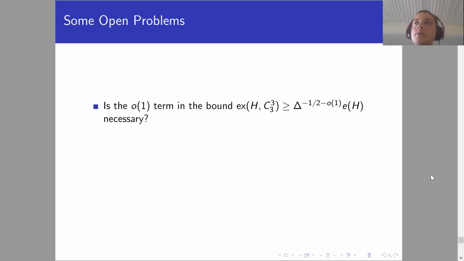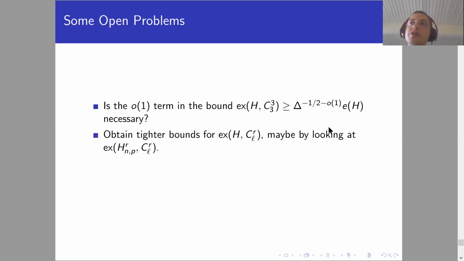So in particular, kind of the first question I wanted to ask is, is the little 1 term necessary in our lower bound for loose triangles, and similarly for everything else, which we had a little 1 term. We think maybe not because of the intimate connection between loose triangles and arithmetic progressions, but it's unclear. Another thing to ask is we have bounds for loose cycles, but again, they're fairly wide, and especially for r large and L odd.